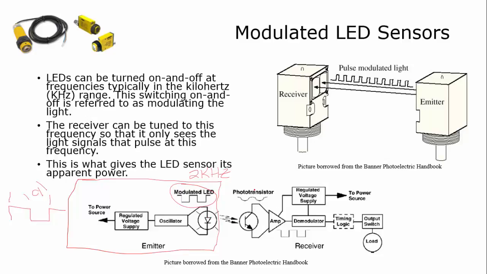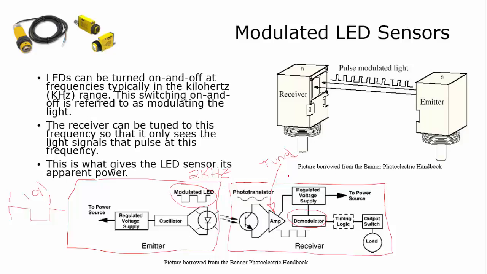The light's coming out. Over here is the receiver. And the receiver has a phototransistor. There's an amplifier here to amplify the signal. It also has a regulated power supply. And there's something in here that's called a demodulator. Now this amplifier is tuned. It happens to be tuned so that it can only see the frequency of this LED.